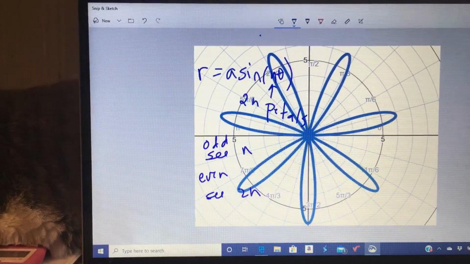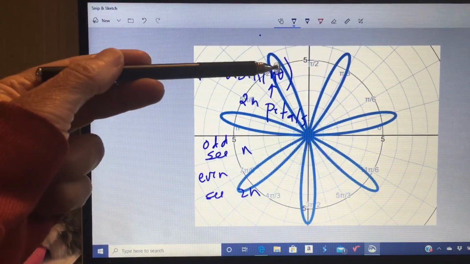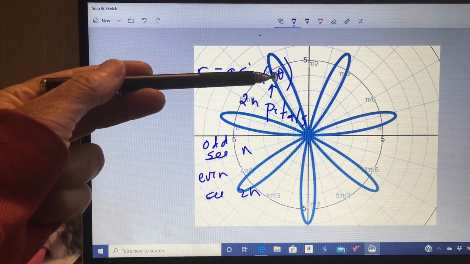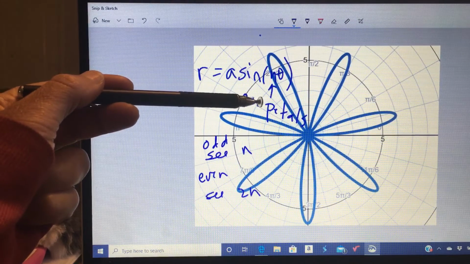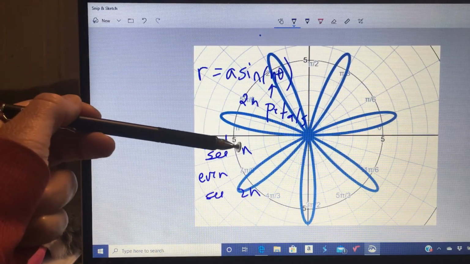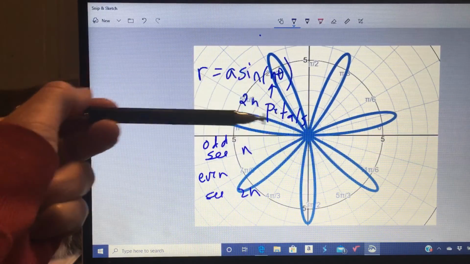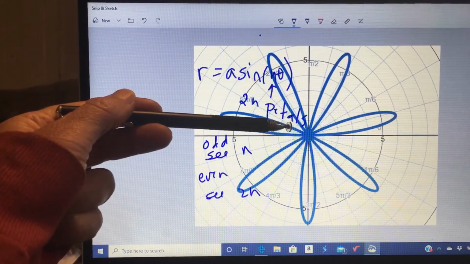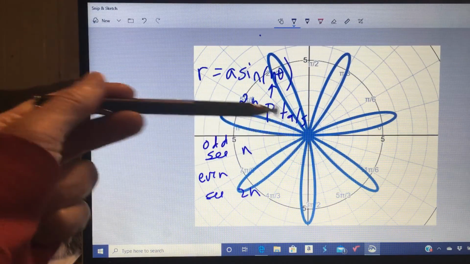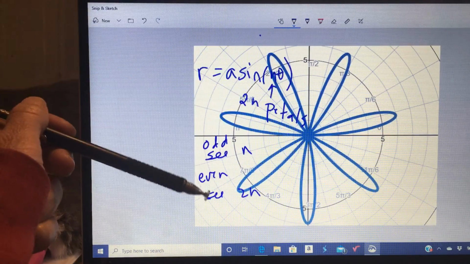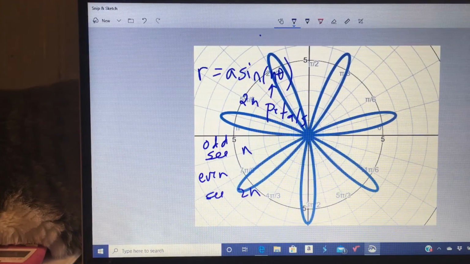So let's go over that again. The number in front of theta, there are always twice as many petals as that. If it's odd, you only see n of them, so like this one, this is a 7, you only see 7 of them. If it's even, you see twice as many as that.